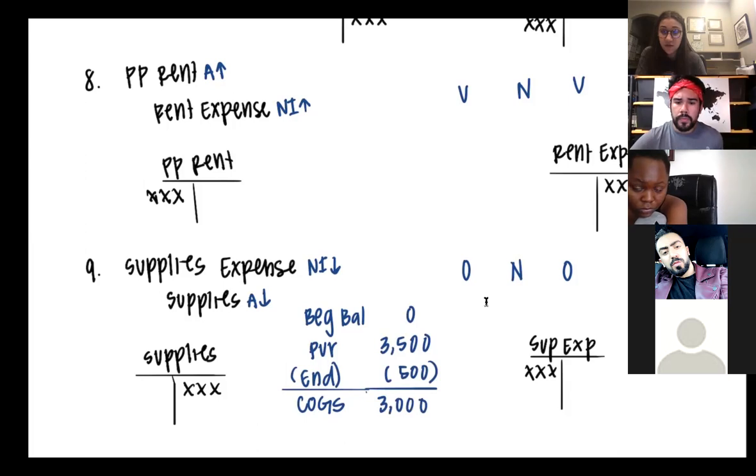And so when you use up supplies, you have to expense them because originally when they purchased that 3,500, they debited supplies and they credited cash. But now they don't have $3,500 worth of supplies anymore. They only have 500. So you have to debit your supplies expense for 3,000 and credit your supplies for 3,000.